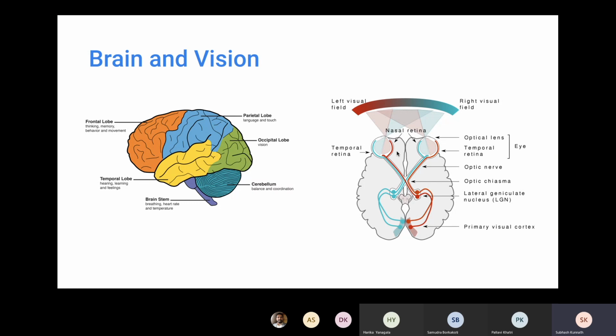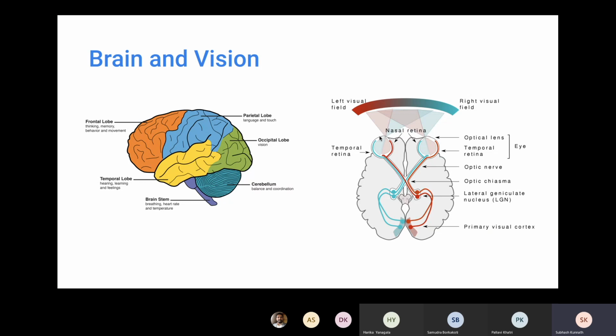And human vision is capable of color vision, depth sensing, detecting movements, and it's been identified that there are different types of cells in the retina, which is the receptive part of the eye.